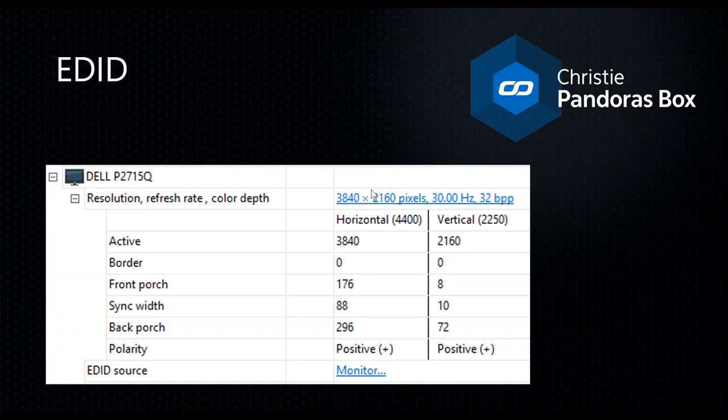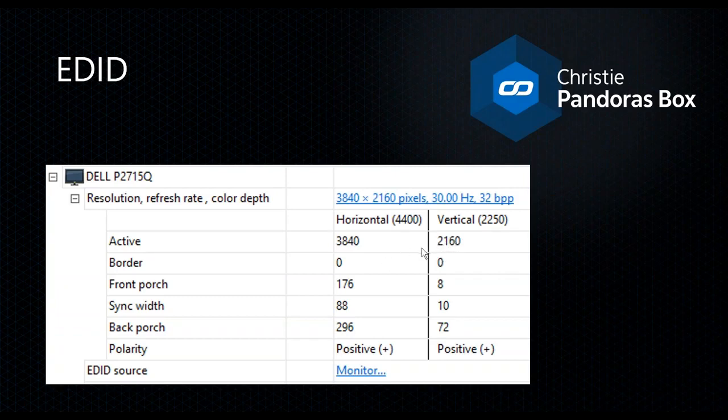So this is, of course, the resolution, the frequency, the bit depth, and some more parameters about the image to be built around the center or the main image information. These are all things you have to keep in mind if you talk about EDID.